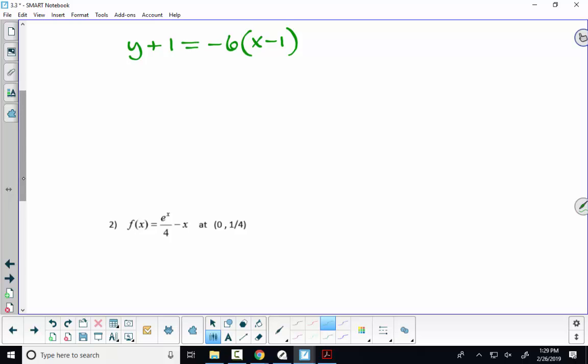And for function 2, y minus 1/4 equals negative 3/4 times x minus 0. Any other questions on 3.3 before we move on?